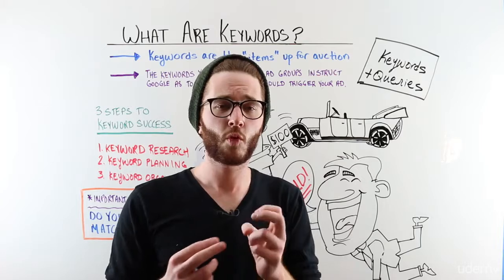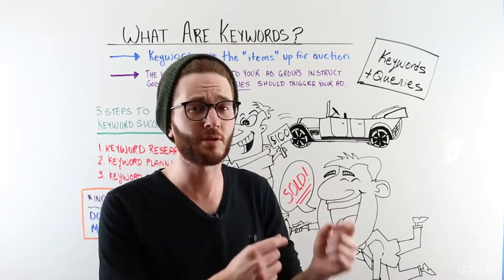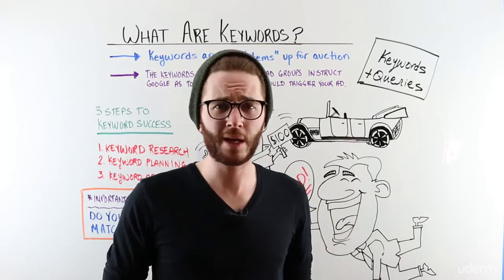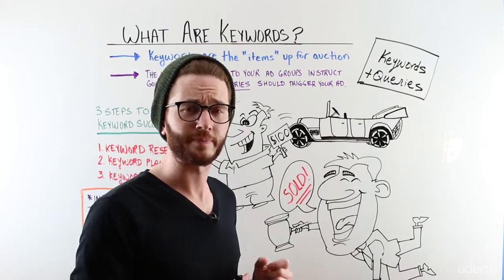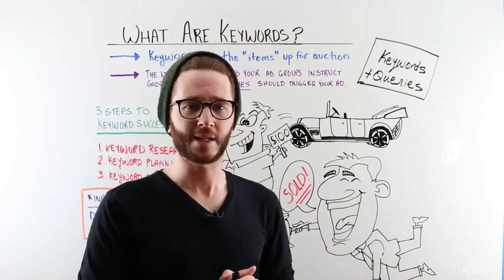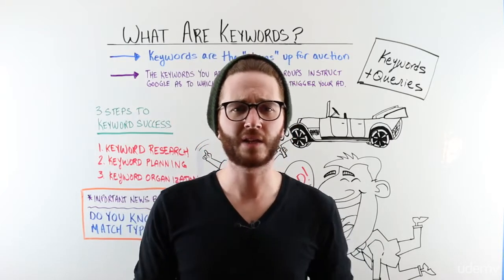And I say which queries because it's not always exactly the keyword that you put into your account that might trigger your ad. For example, for our Poppin client, we might use a keyword called desk chairs with swivel legs, and that's our keyword that we put into the back end of our account.